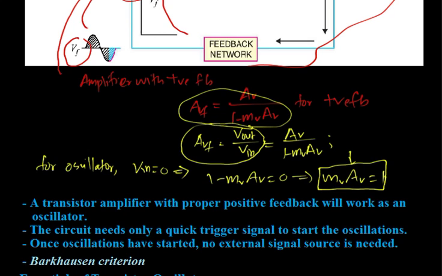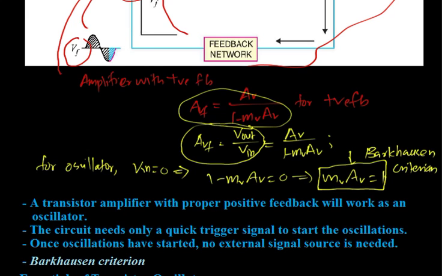So this condition is called the Barkhausen criterion or Barkhausen condition. MV AV is equal to 1.